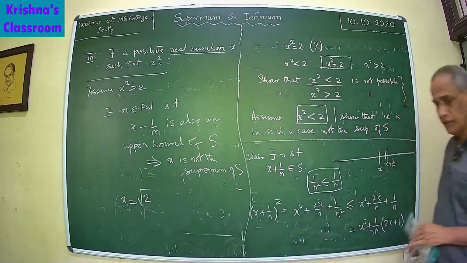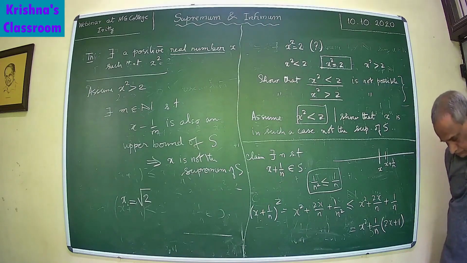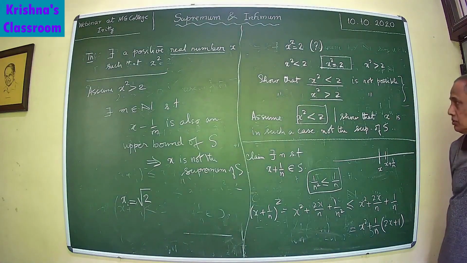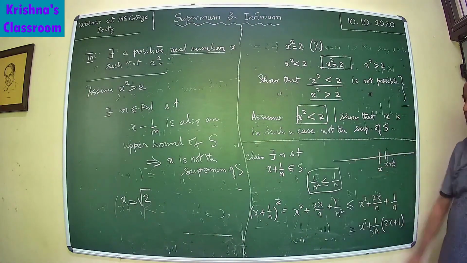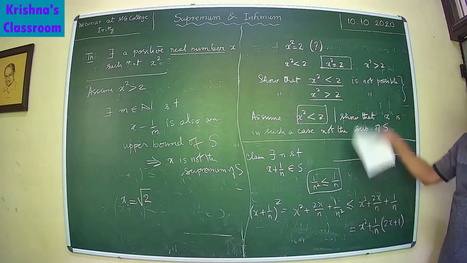Now, if you are familiar with what is called the concept of Dedekind cut, there also you are talking about sets of this kind, x square less than 2. And that introduces a cut by definition.